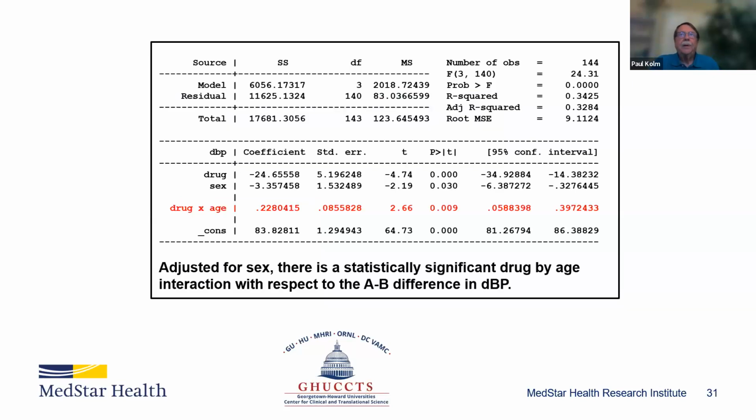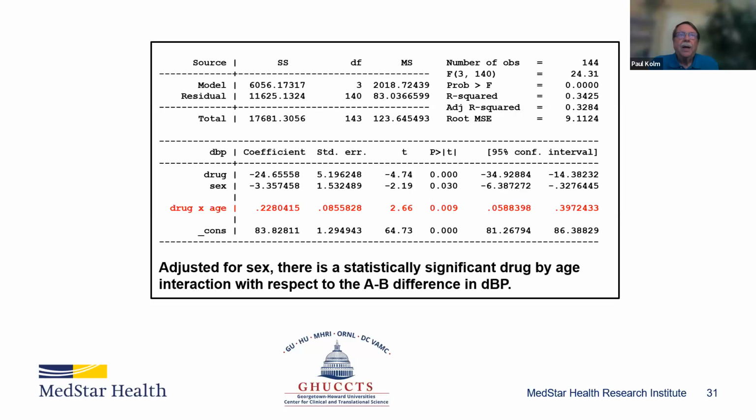And so here's our output. I've dropped out the drug by sex interaction because that was not statistically significant. You can see that what I have is a significant interaction between drug and age. That means that the effect of the drugs A and B is not the same across ages.